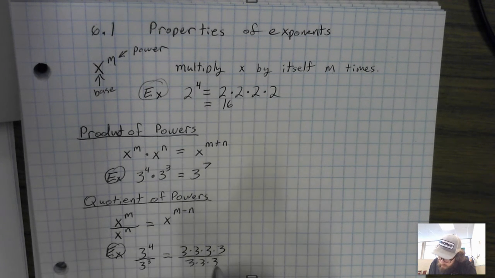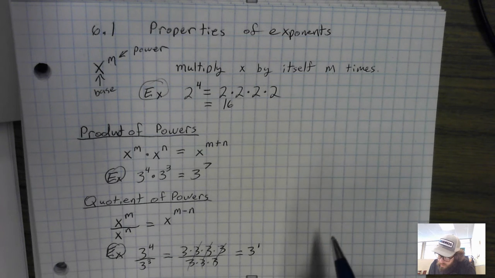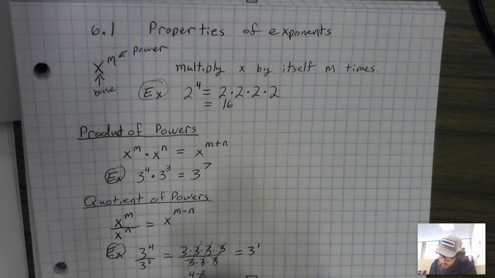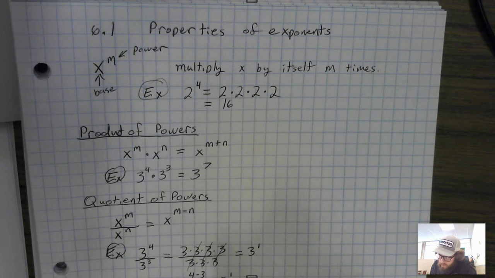I have 3 of them down here. I have 4 of them up there. And now you could see that they just cancel, and I end up with 3 to the first. Well, if I used my rule, then I would know that I would just subtract them. It's also equal 3 to the 4 minus 3, which is just 3 to the first. Well, that means it's just 3.